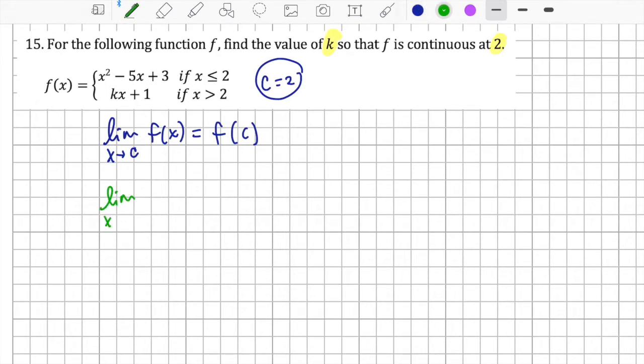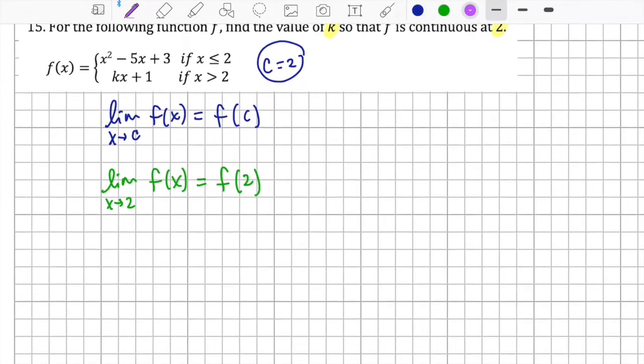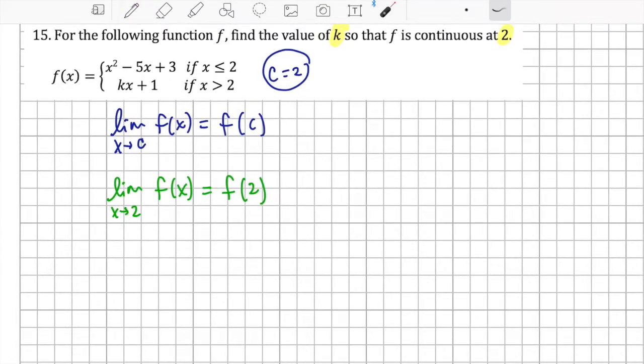So let's plug it in now. Limit as x approaches 2 of f of x equals f of 2. Now, we need to decide which function I am going to use for f of 2. You have to look for the one that has the equal sign. So this one has the equal sign. So that means that on the right hand side, we're going to use this function.